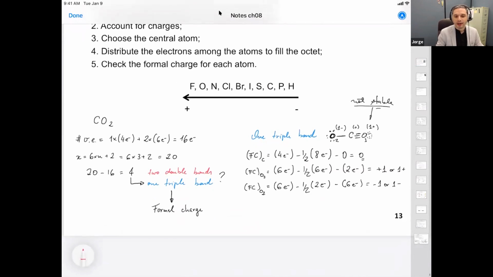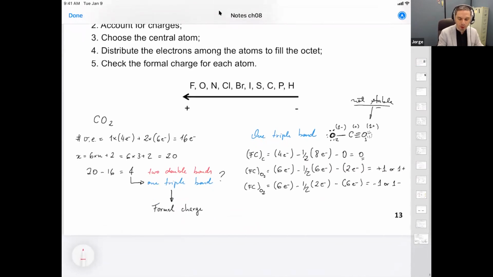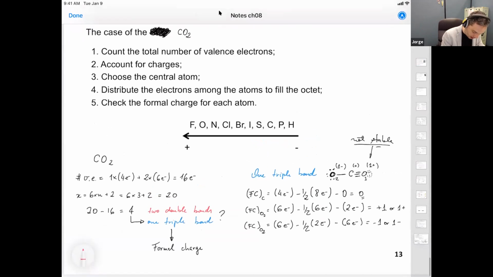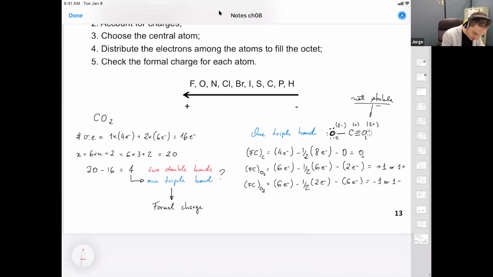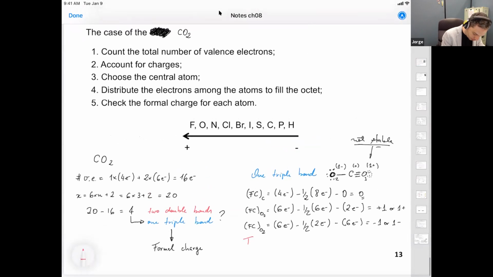And because of that, that means this structure is not stable. Okay, there was another option for the CO2 structure, which uses 2 double bonds. So let's take a look at this option and see if it will render a more stable compound.